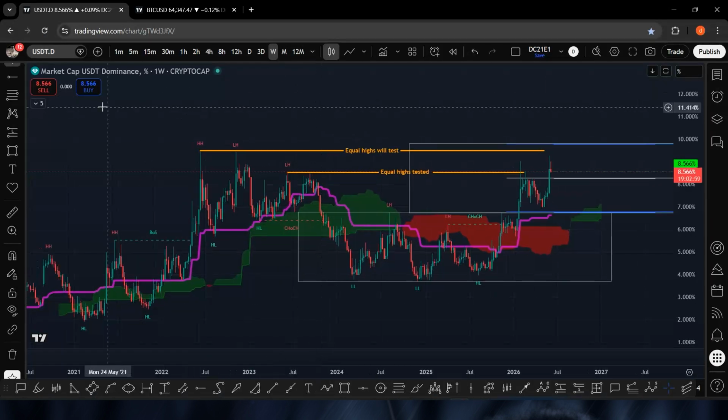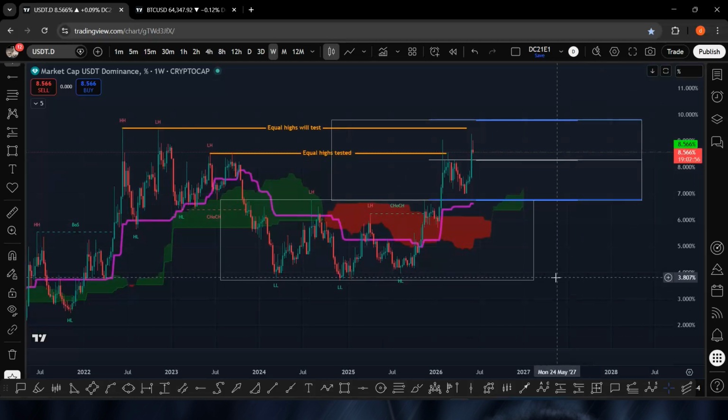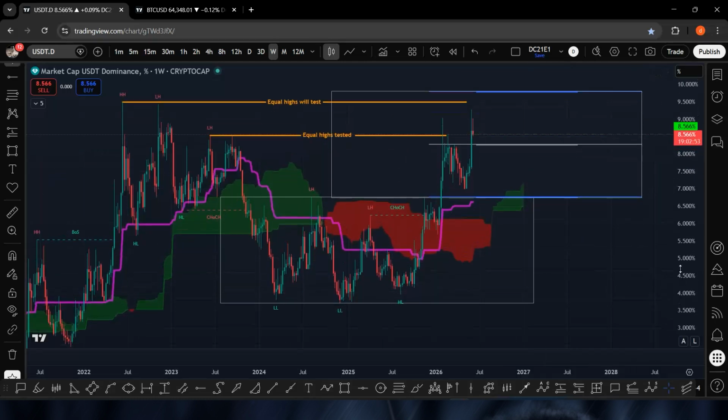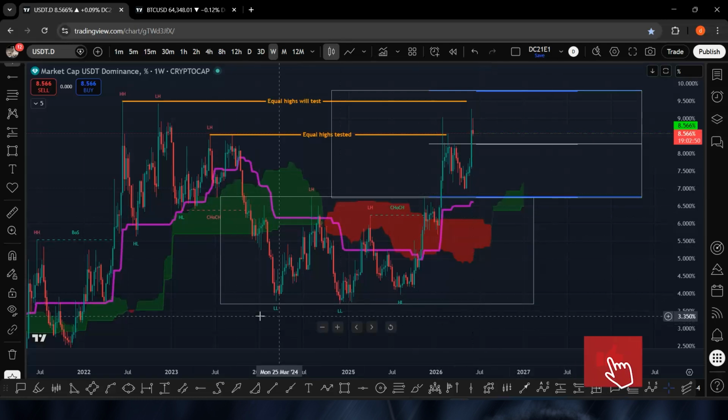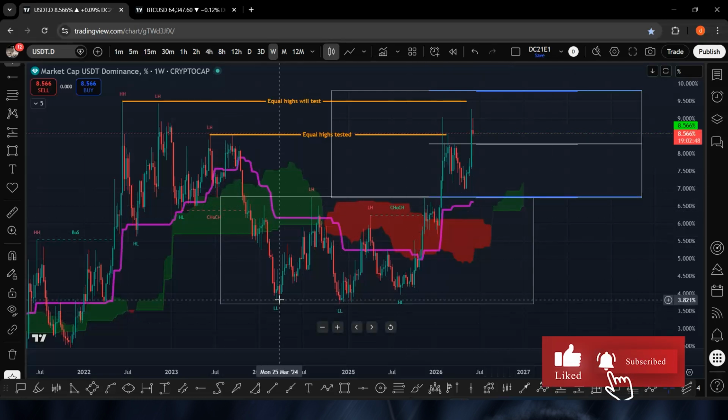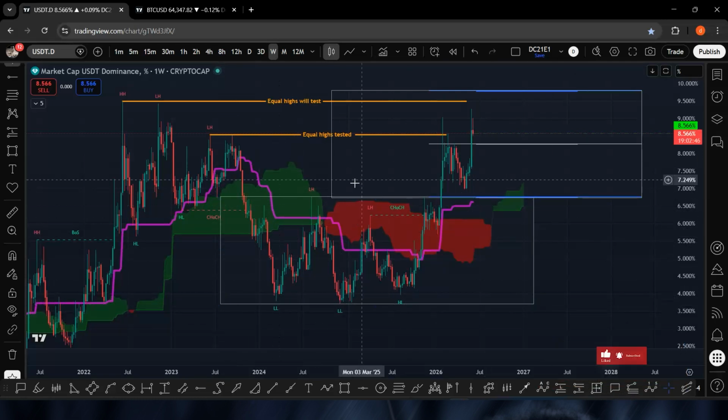Okay, so this is the USDT dominance, and if you check the weekly time frame, you can see a sideways box here, which I drew for you before. And if you clone it to the upside, you can see that we can literally touch the top. There is potential to test the top edge of this box as well, which is around 9.8%.